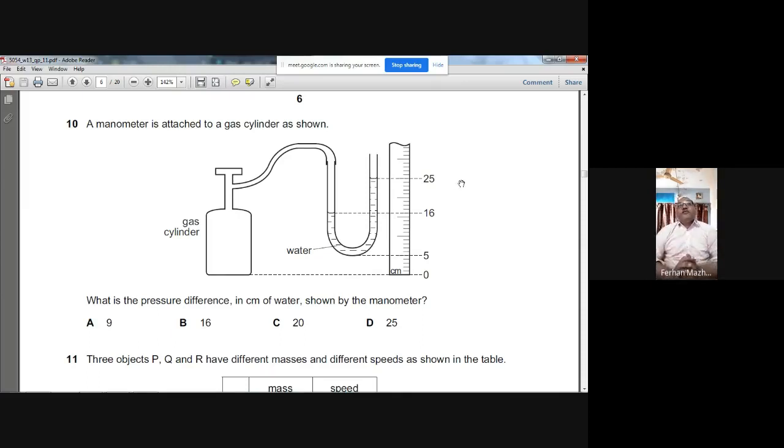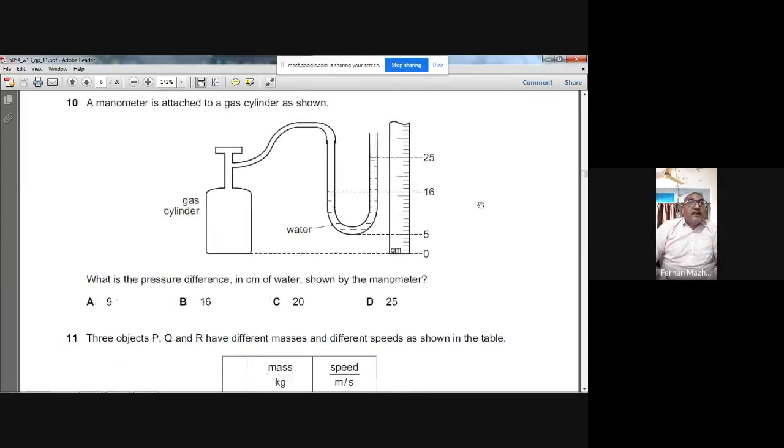So what's the difference between 16 and 25? 9. So the difference is 9 centimeter. So the answer is A choice. Question number 10, the answer is A choice. The difference in pressure between the atmosphere and the gas shown on the manometer is 9 centimeter of water.